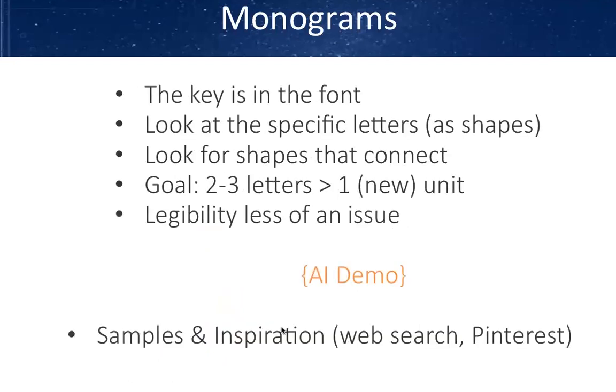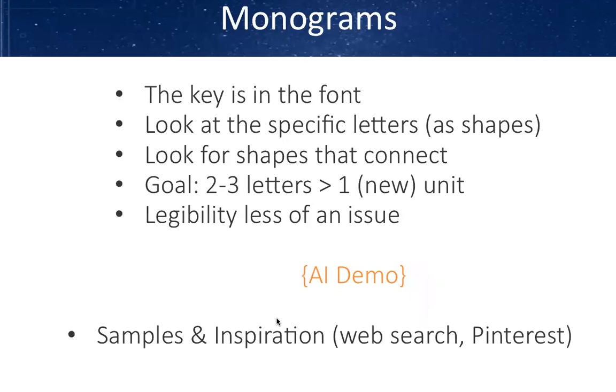So when you're trying to create a monogram, the key is really the font that you're using. You are limited to specific letter forms, so you have to look at those specific letters in the different fonts, and you have to look at them as shapes so that you can look for different shapes that will connect, and how those two or three letters that you have can be combined to create one new unit.